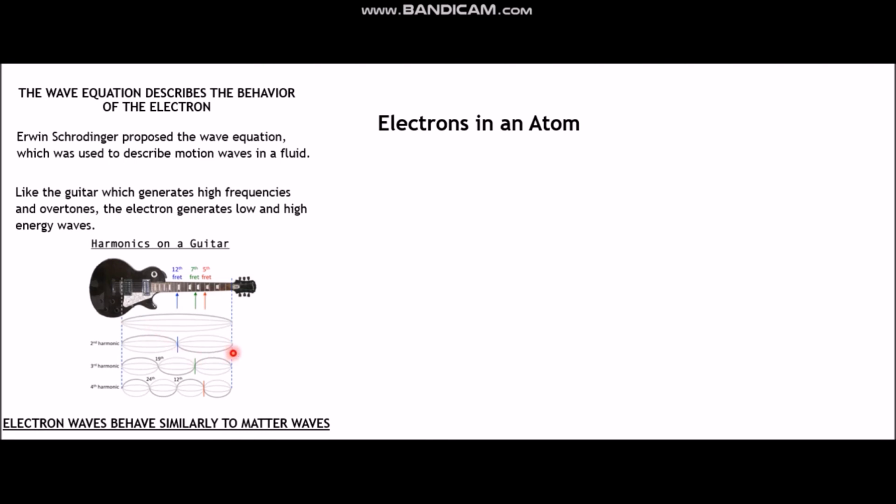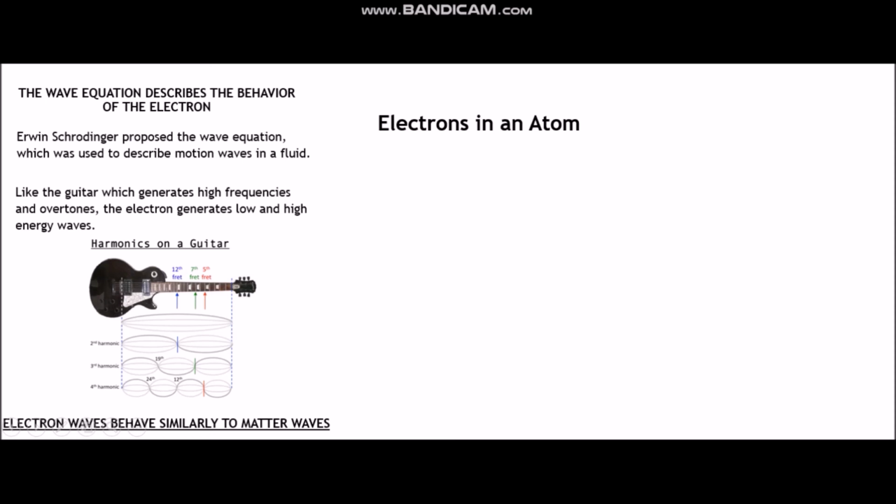Likewise, the electron exhibits similar properties of these waves with lowest standing and highest standing energy. Furthermore, just as harmonics of a guitar contain notes and amplitudes, so does the electron. Isn't that amazing, right? Waves do not travel in space, yet these electrons exhibit the features of waves.